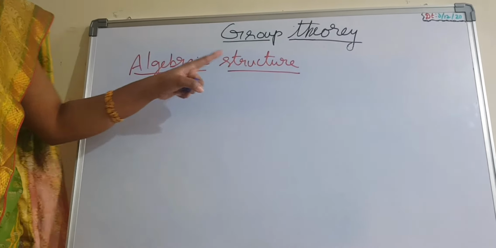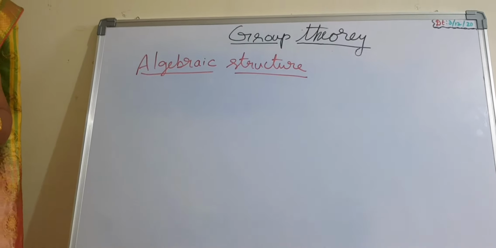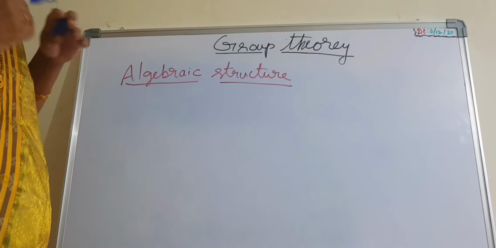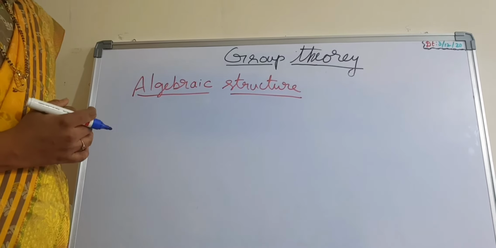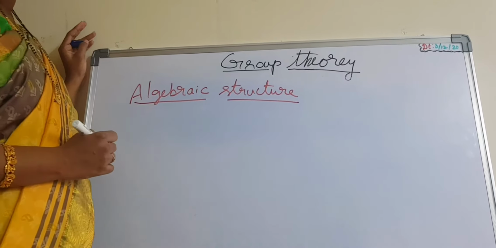Next topic is algebraic structure. Algebraic structure is nothing but, already we have studied binary operation. One or more binary operations, we'll call it an algebraic structure.